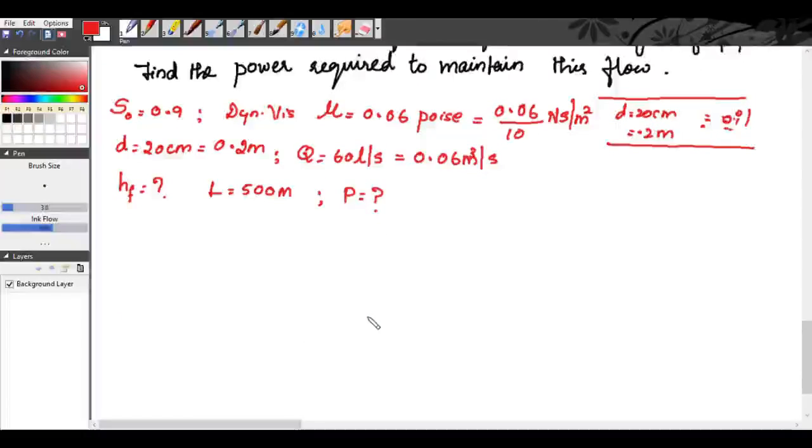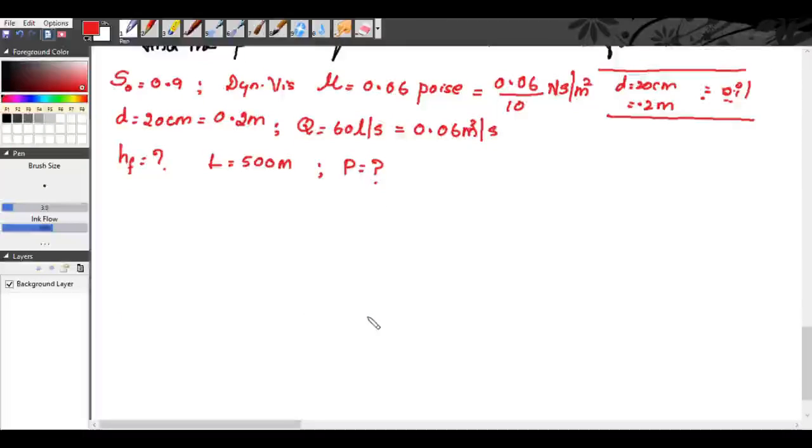This is our problem. Now, we will apply the Darcy-Weisbach equation, because Chezy's constant is not given here.